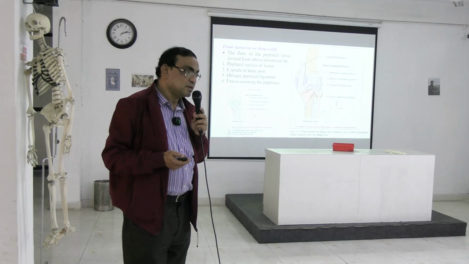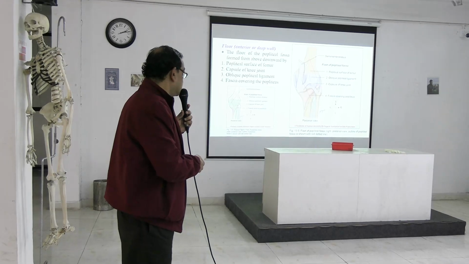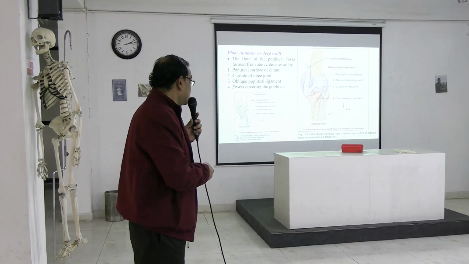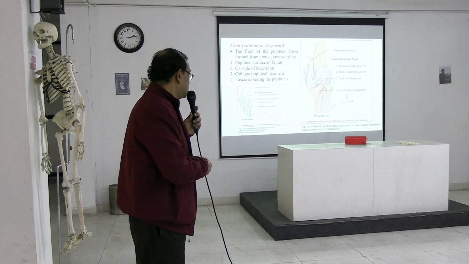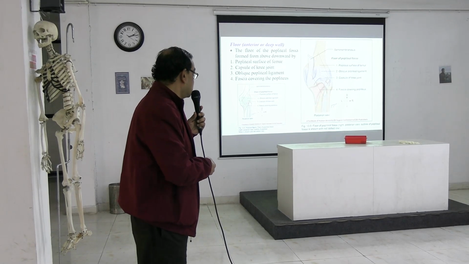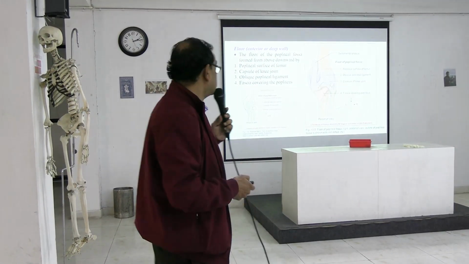Okay, popliteus muscle you can see, which has a tendon-like appearance, which goes from here to this part. So above the soleal line of the tibia, we can get the popliteus muscle.